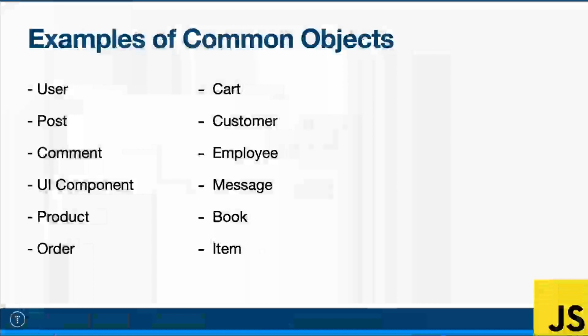You might have a class called UI and use that to put things into the DOM, remove things, change things, etc. Products, orders, cart, customer, these are all things you'd see in an e-commerce shop. Employee objects, messages, books, items. So these are just some very simple examples of what you might see objects created for.